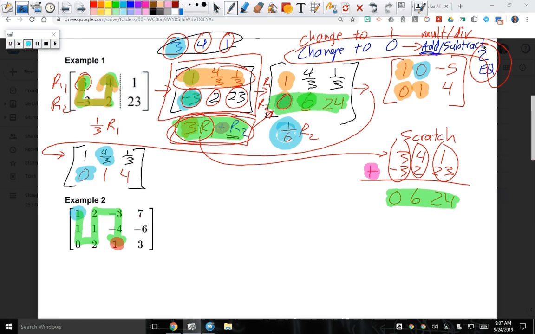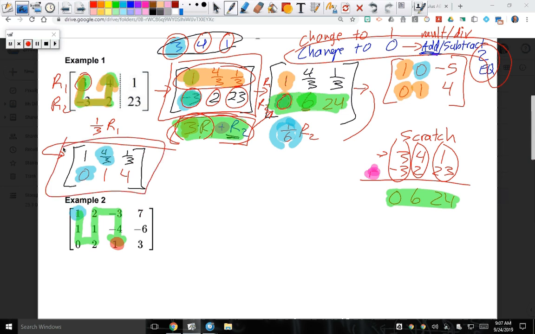Alright, so let's get back. What am I going to do to my running answer right now to make that 4/3 become 0? Subtract 4/3 from what? Not that. If you want to do addition, what you'd have to do is add -4/3 row 2.